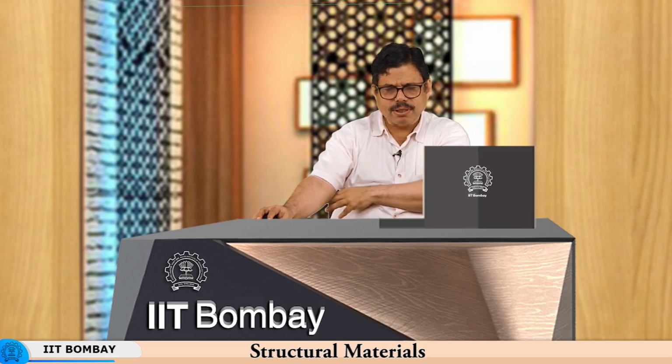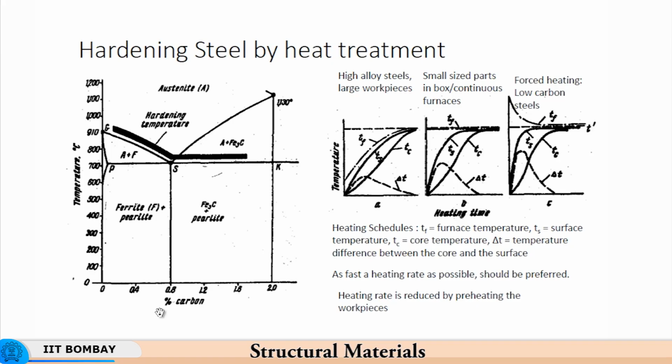Whereas in case of forced heating with low carbon steels, you heat the furnace to very high levels of temperature, and increase the temperature differential between the workpiece and the furnace. So, then the heating rate initially becomes extremely high.